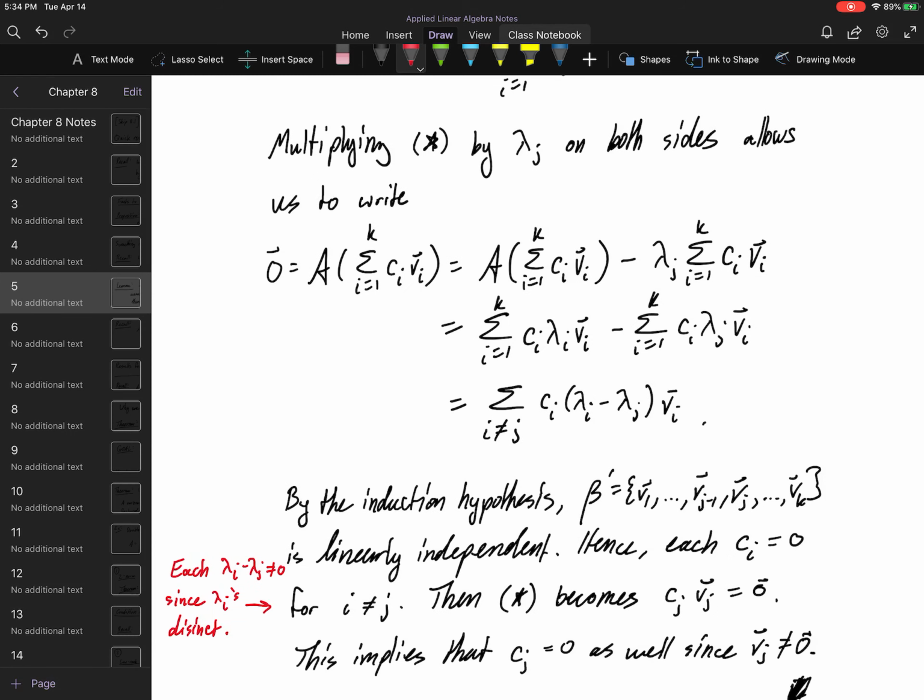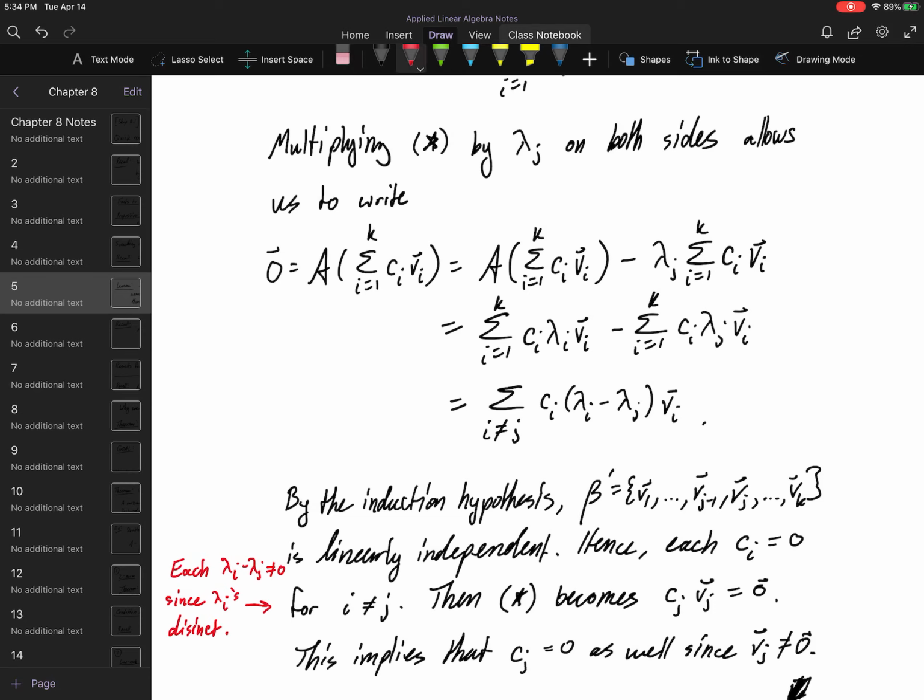Because when I do this, notice that I cancel out exactly the lambda i and lambda j. There is one guy here that is omitted from the sum.